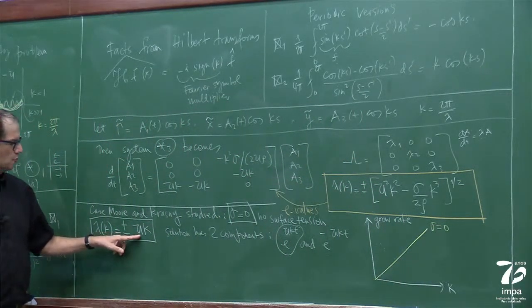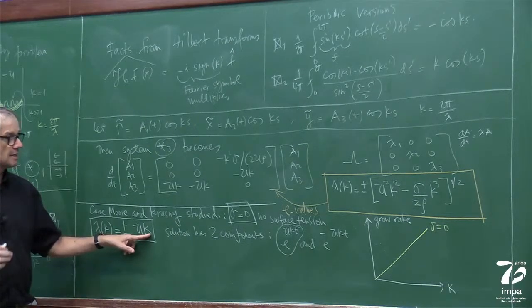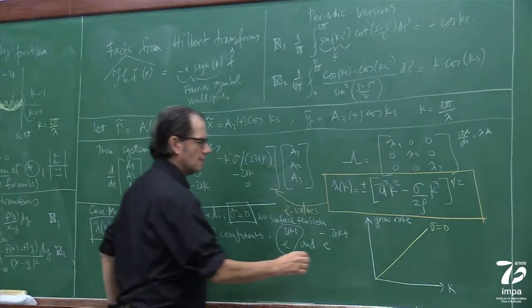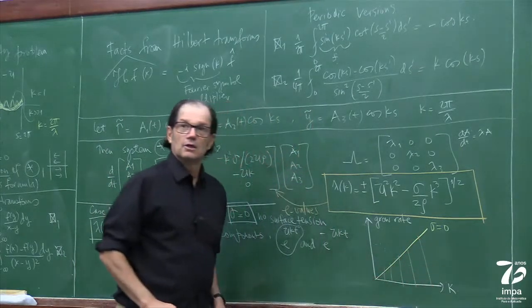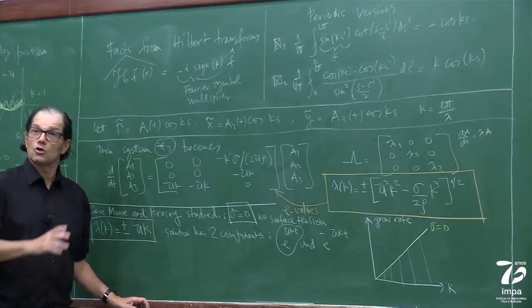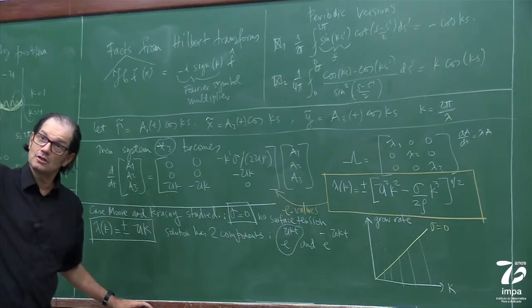You keep the U fixed, which gives us the slope, and as K increases, as we go into high frequencies, the growth rate grows linearly.